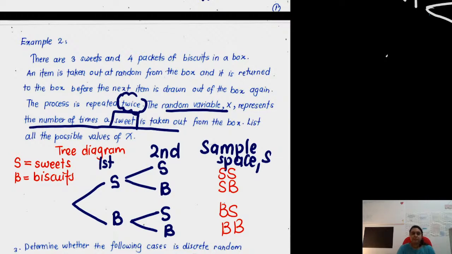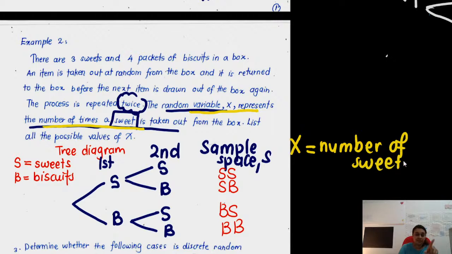Then what is the X that they actually ask us to find? What is X actually? X represents the number of times a sweet is taken out. So you know already X, X is how many number of sweets. So now let's see here for the first one, SS. So we got two sweets.